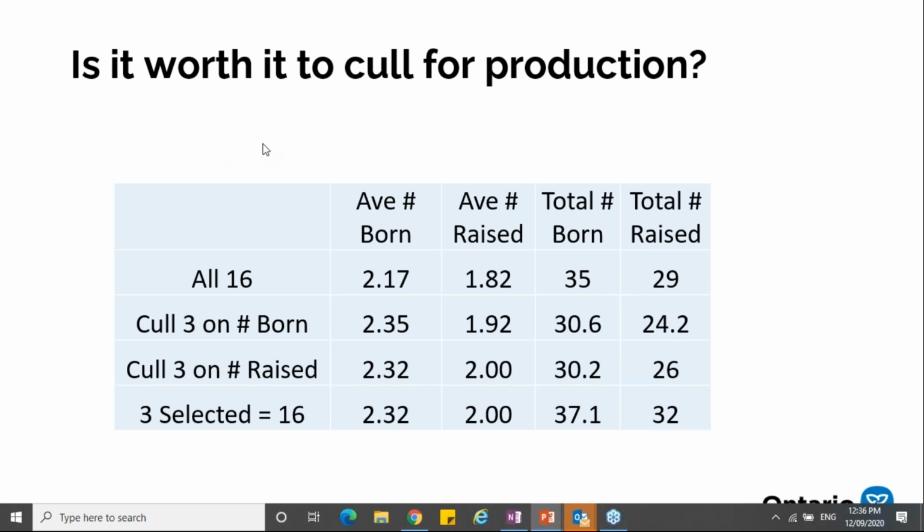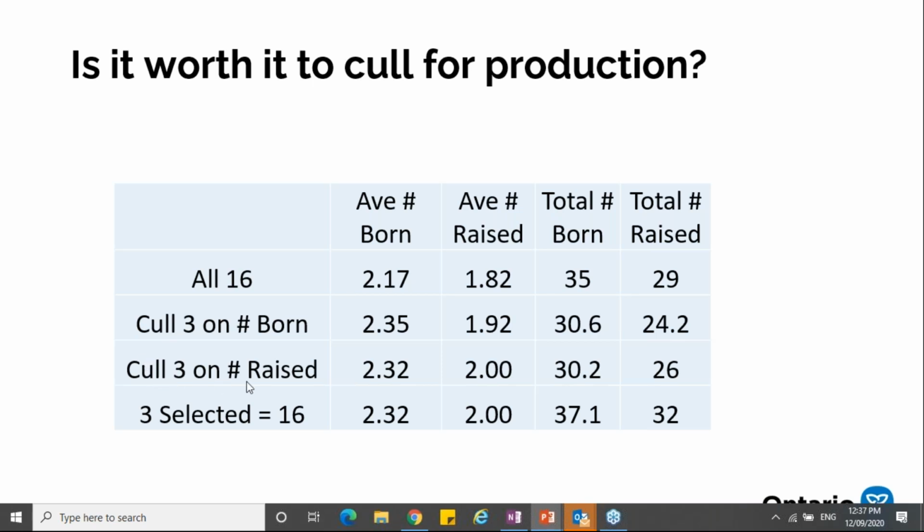What I've got here is I put this in the table and I've got these same numbers. So all 16, average number born, average number raised. We said that, on average, we were having 35 lambs born and 29 raised. For culling 3 based on number born, here are the numbers that we talked about. That would give me, if we round, 31 lambs born and 24 raised, but from only 13 ewes.